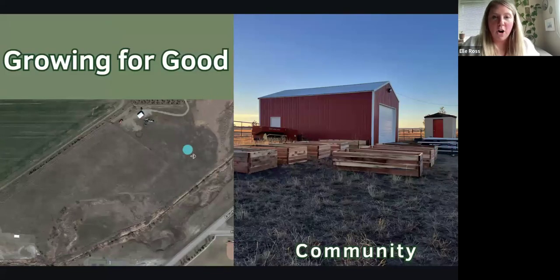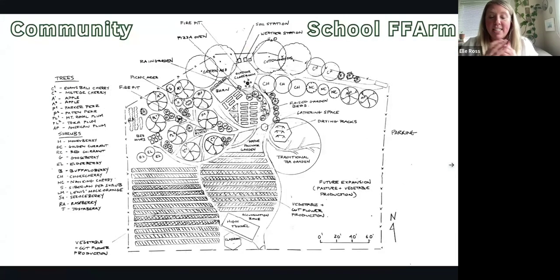We're also excited. We have this farm acreage here that, as you can see, has been pretty untouched for a while, and we're excited to grow forward with that. This is our farm design using traditional berries and foods. Right now, the only structures are the barn, the high tunnel, and these raised beds here in the middle.